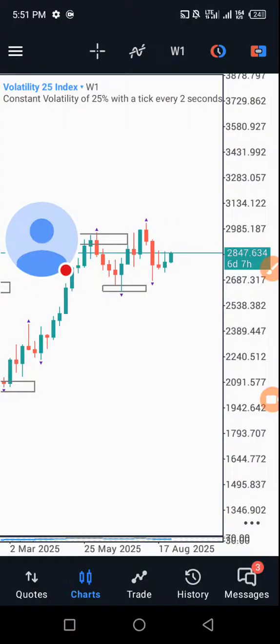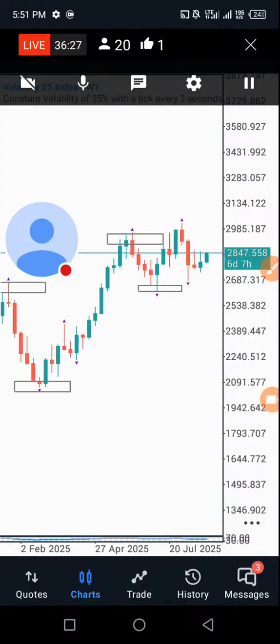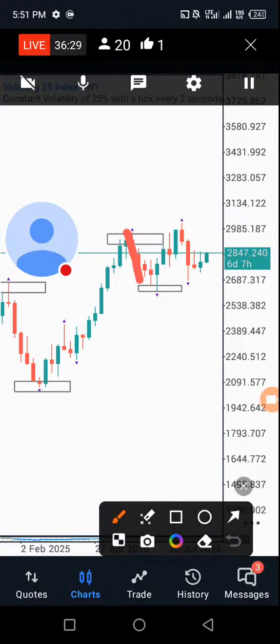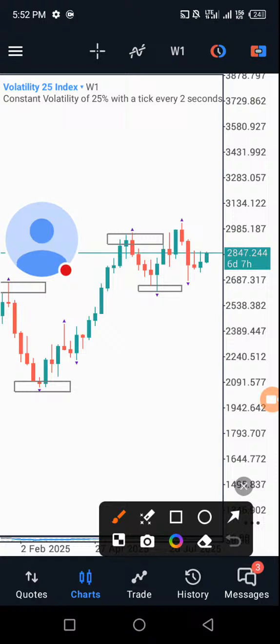If you look very well, you notice that this is the retracement leg here, and this is the last impulsive move upward that gave us this break of structure.